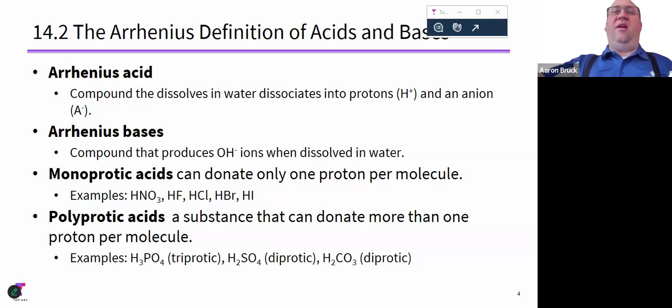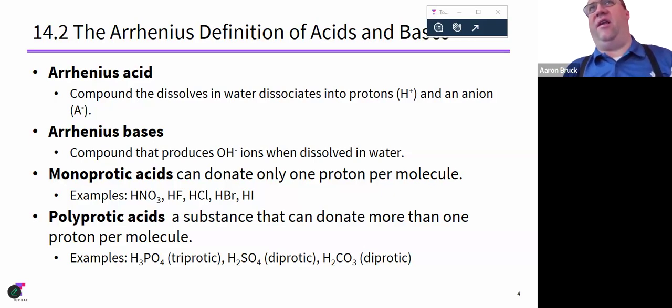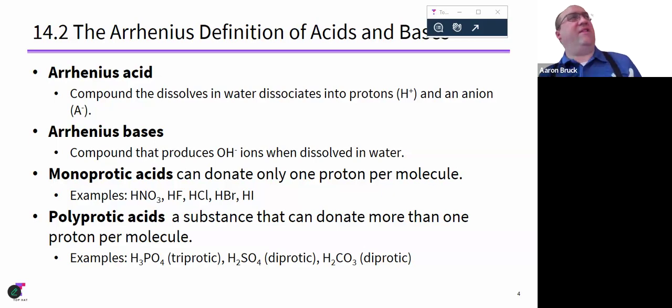I can look at the chemical formula of an acid and see, hey, this starts with hydrogen, it must be acidic. I can look at the chemical formula of something that is basic and say, oh, this has a hydroxide ion on it, it must be basic. And that's what the Arrhenius definitions do. Arrhenius acids generate protons, H plus ions, in water. And Arrhenius bases produce hydroxide ions in water.